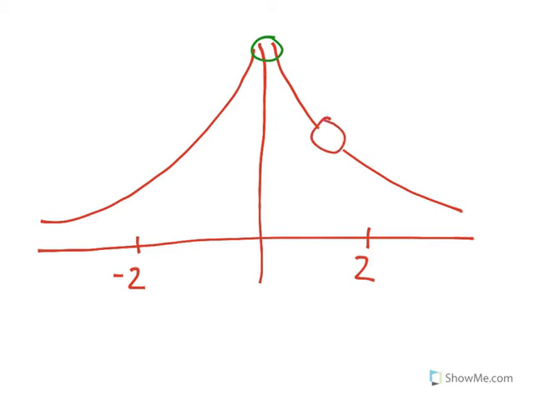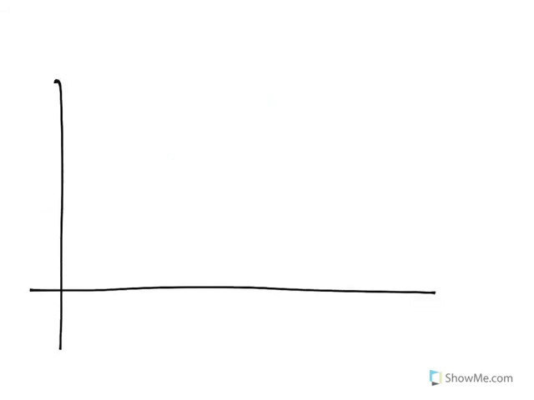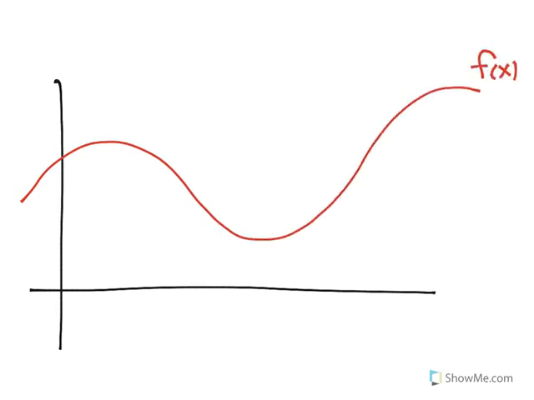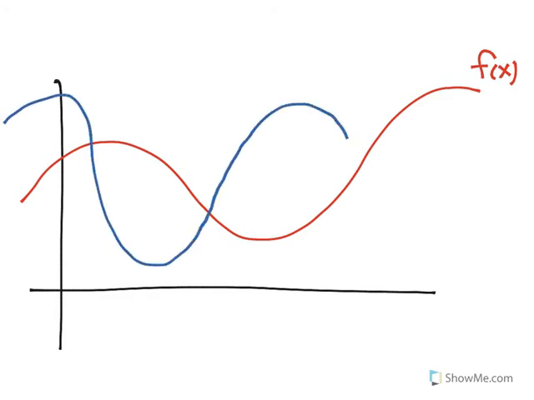And one last piece of info that I didn't talk about in class, but I'm going to talk about in the video, is the following. Let's say this function is f of x, and this function is g of x.